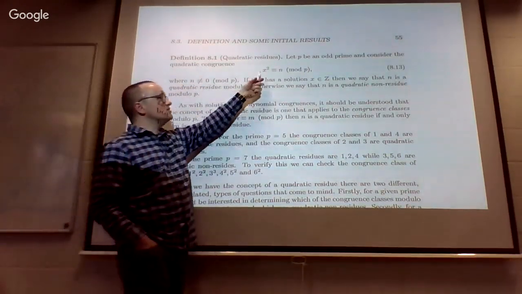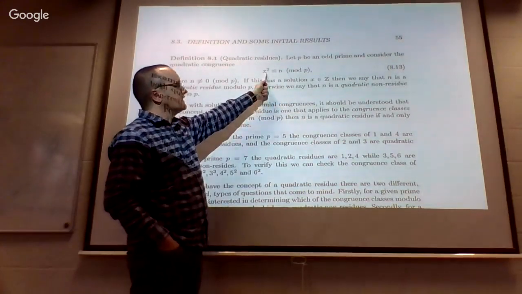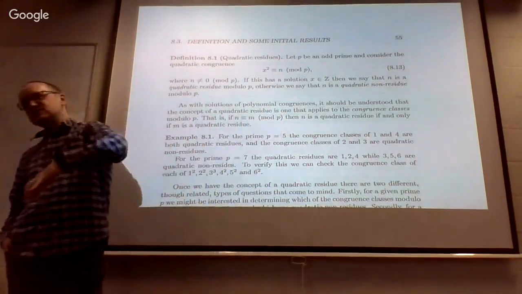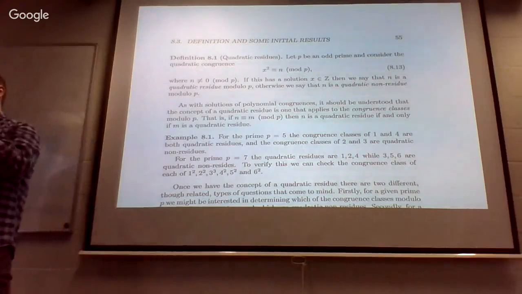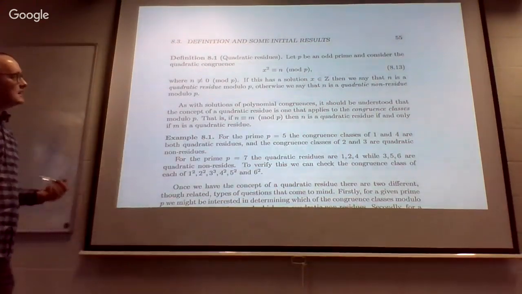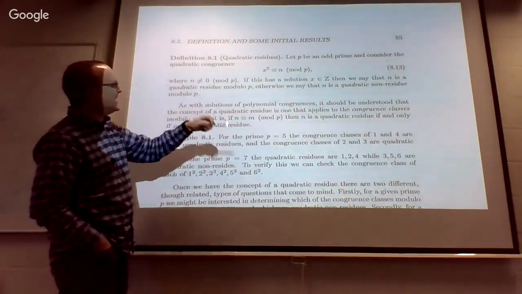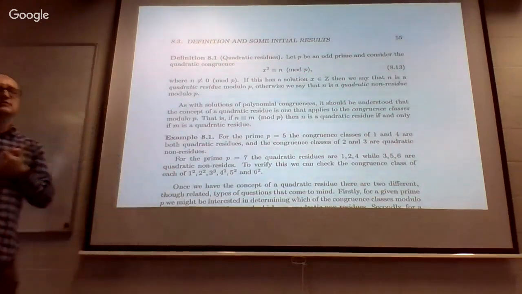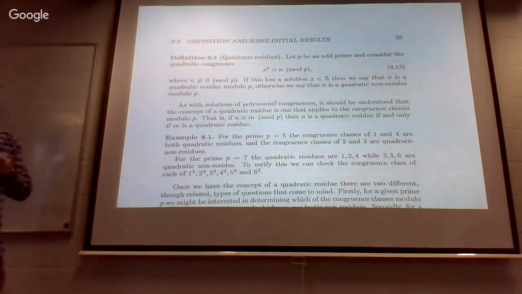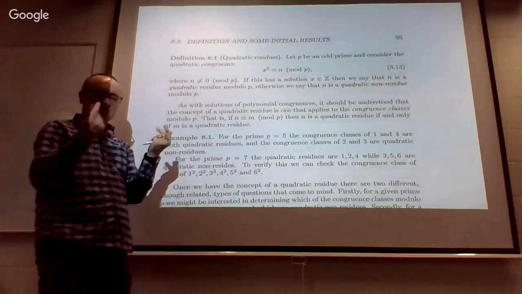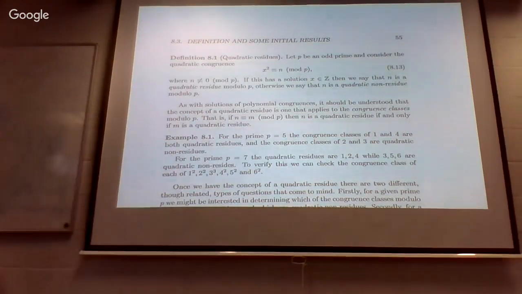If this has a solution x, and if it does have one solution, it'll have two solutions, x and its negative, modulo p, then we say that n is a quadratic residue. Residue is the sticky stuff that's left on your fingers after eating your lunch or whatever. Residue is something that's left behind by something.